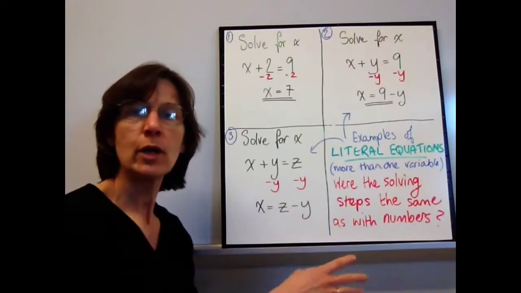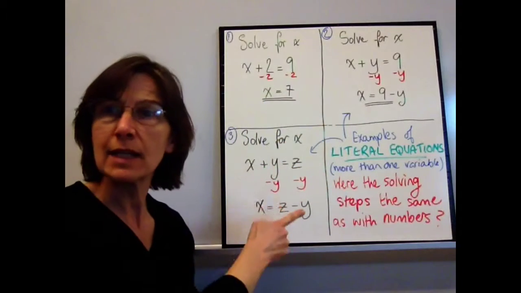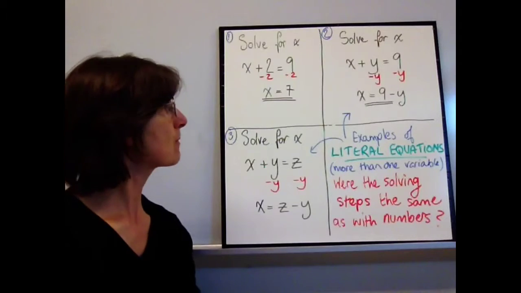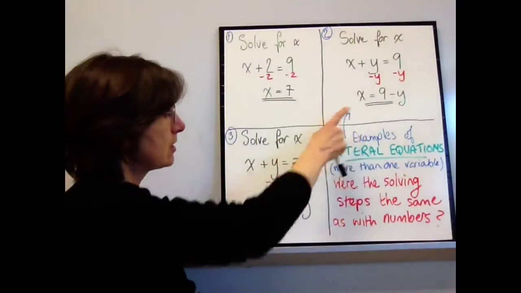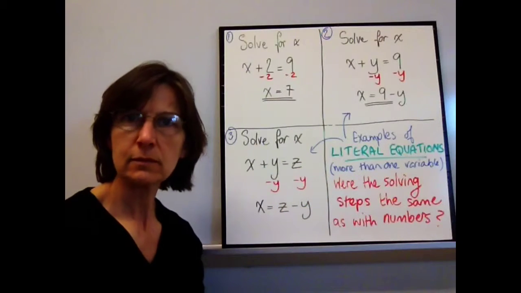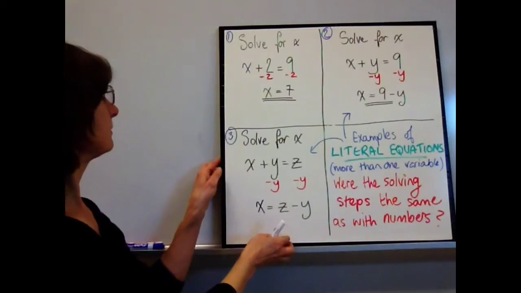Sure. We're going to be using inverse operations. We only used one here just as the lead into this subject, but we might be using addition, multiplication, division. So these two are literal equations, because they have more than one variable. And that's what a literal equation is. So let's do some more examples.